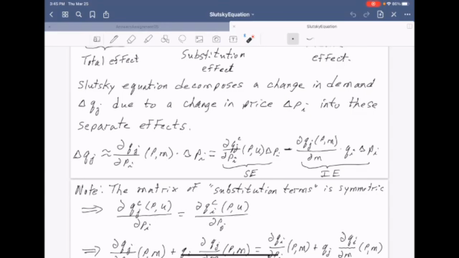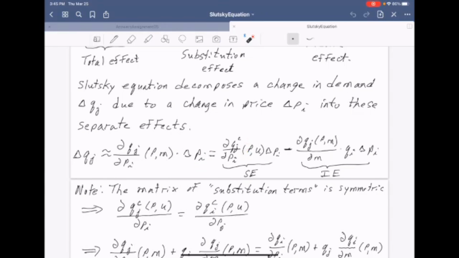And we can separate those effects. So the change in demand for J is equal to the partial of the demand for J with respect to Pi multiplied by delta Pi, the change in Pi. And that's equal to the substitution effect and the income effect.